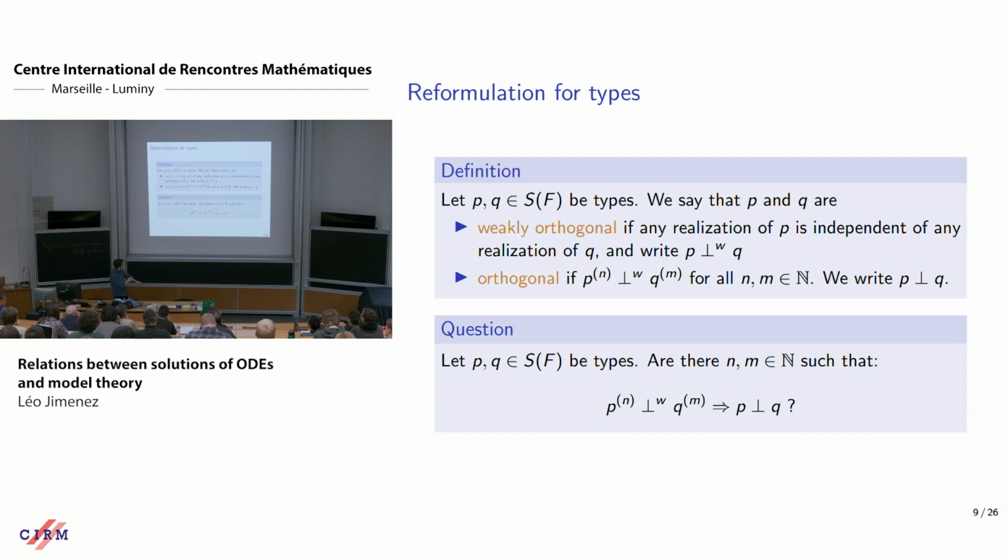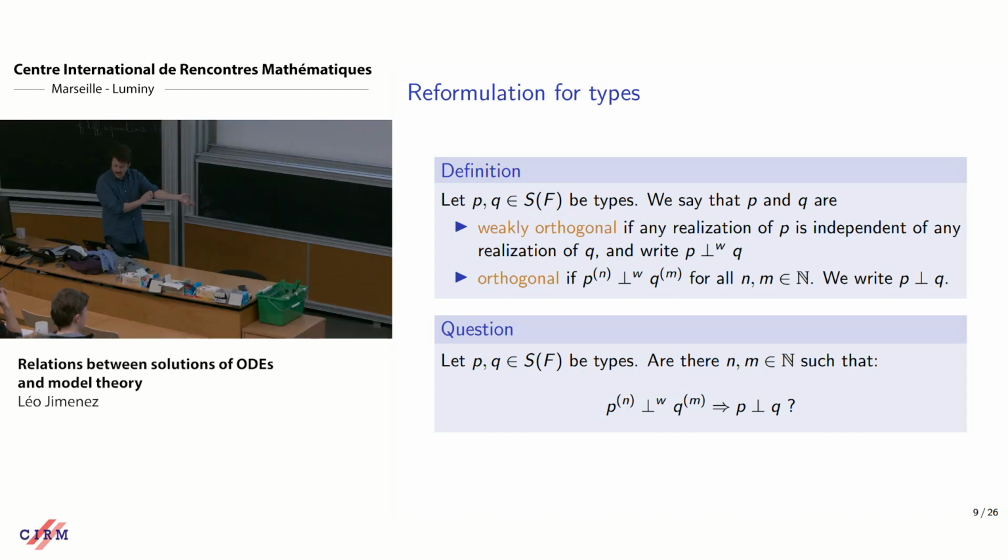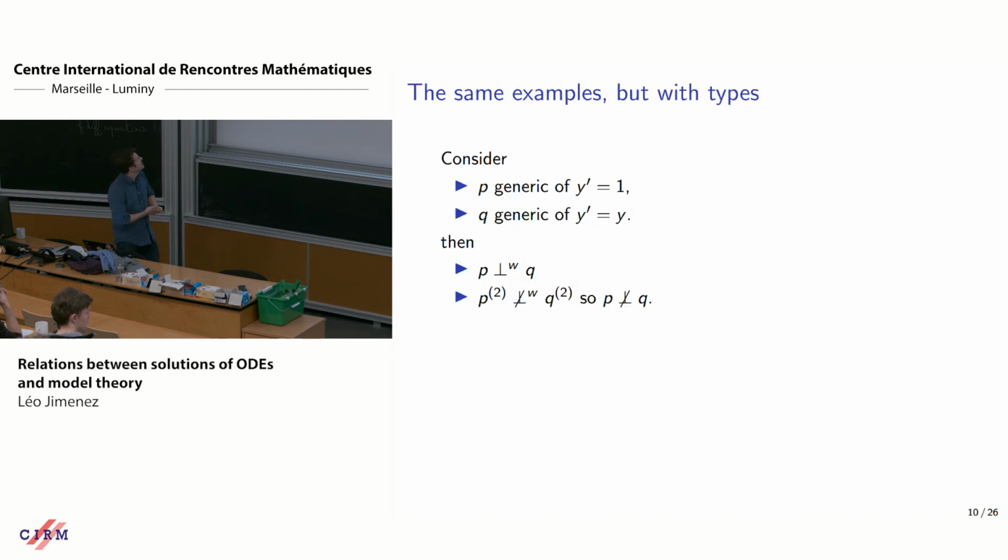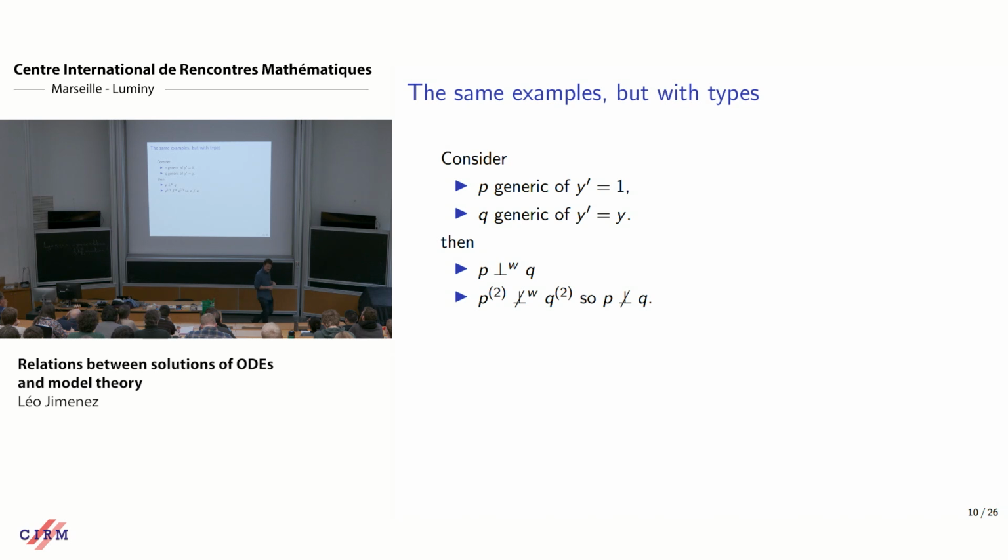Now that I gave you the question, I'll reformulate the theorem for you using this language, but I need a few more definitions first. Back to the same examples, but with types. If I have P generic of y prime equals 1 and Q generic of y prime equals y, these two are weakly orthogonal but not orthogonal, because when you take two independent generic realizations, you find a relation.